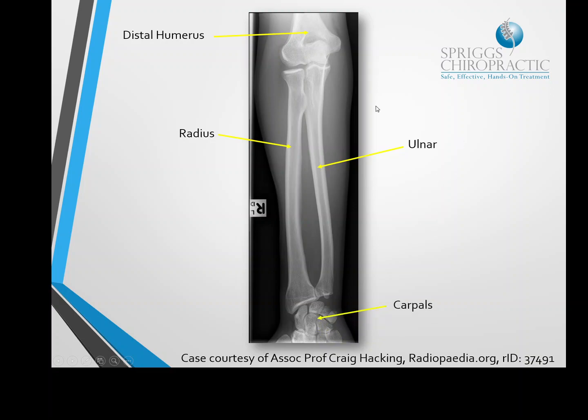The important thing to remember with this is that the radial head is the giveaway, when you're first learning this, that this is the radius, because it's a very distinctive flat-topped bone that allows for very helpful rotation during pronation and supination of the wrist, because ultimately it happens at both ends. So the radius has the very distinctive flat top to it, and it articulates with the capitulum of the distal humerus.